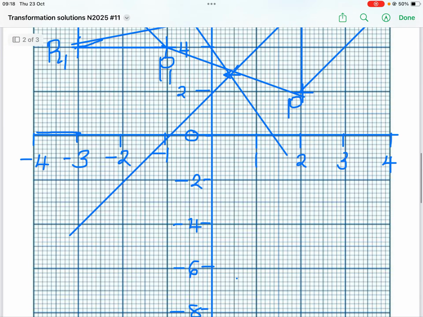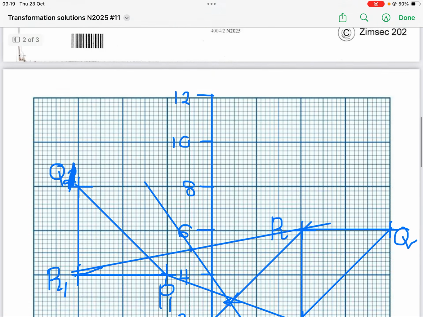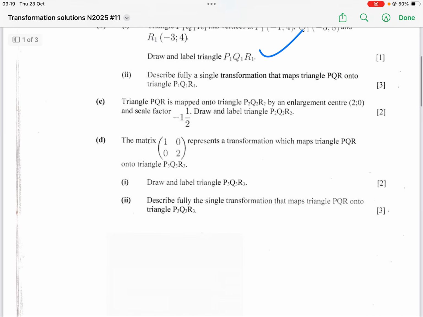So now let us proceed to the next part of the question. On part C, triangle PQR is mapped onto triangle P2Q2R2 by an enlargement center 2, 0 and the scale factor -1.5. So we are now required to draw and label the triangle P2Q2R2.